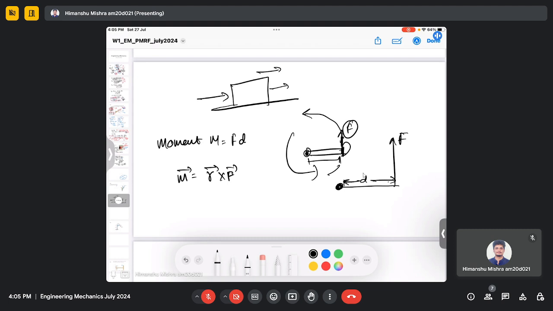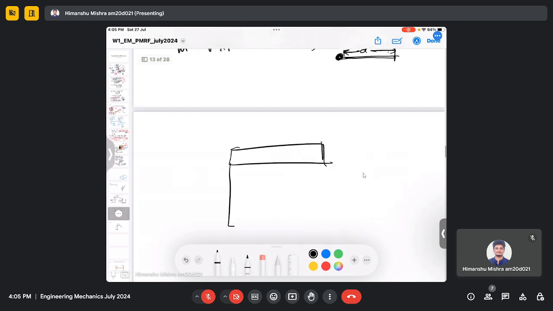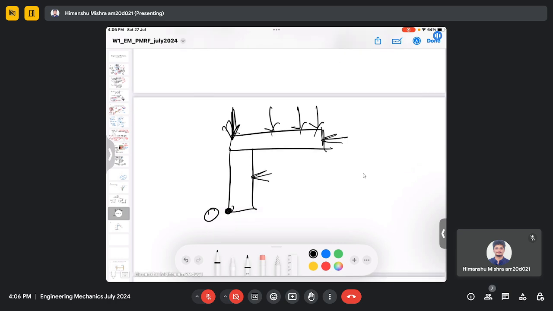So whenever you are given a question, the easy way is you always try to find the perpendicular distance of the forces. For example, let's say you are given a body here. So let's say this is your body and there are multiple forces which are acting. And this is point O. Okay, so now you need to calculate the moment at point O due to these multiple forces.